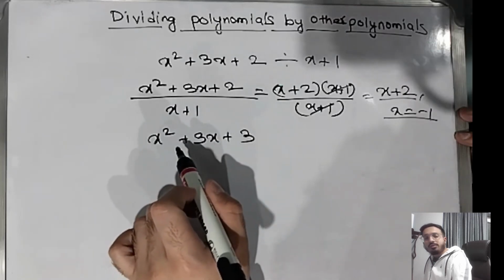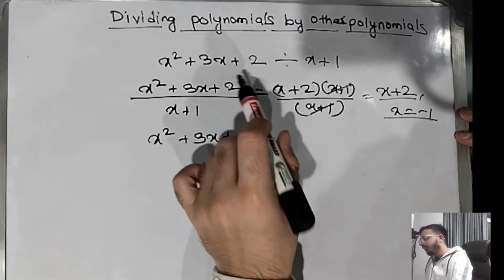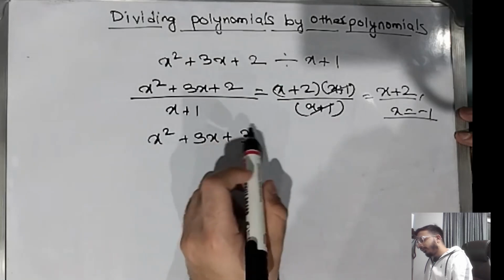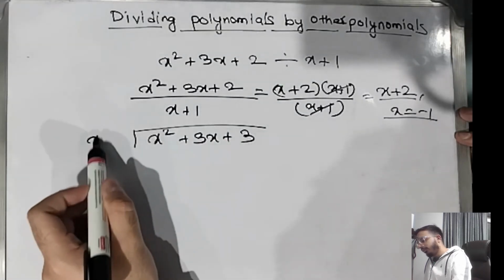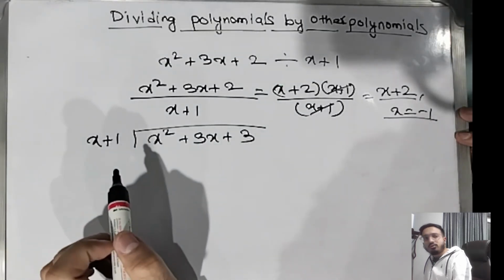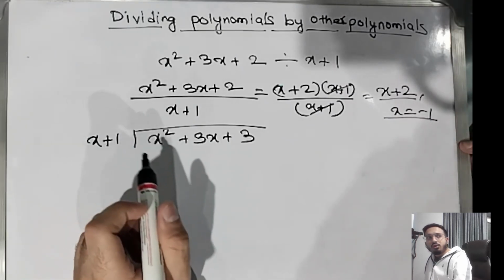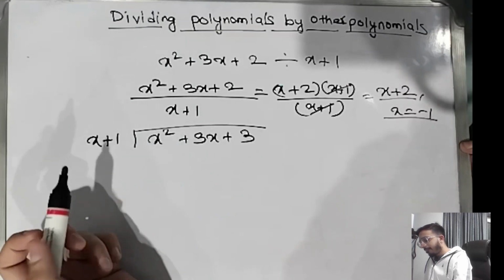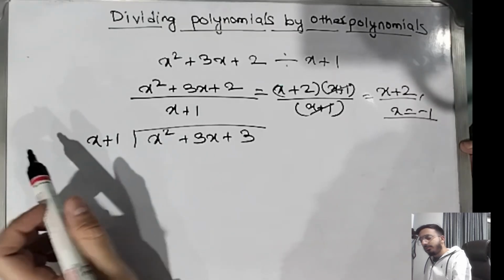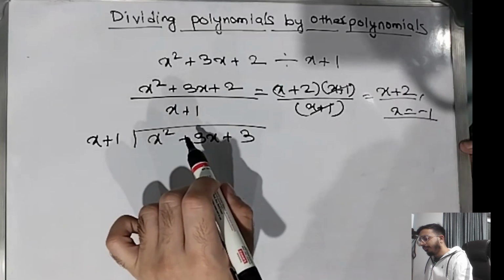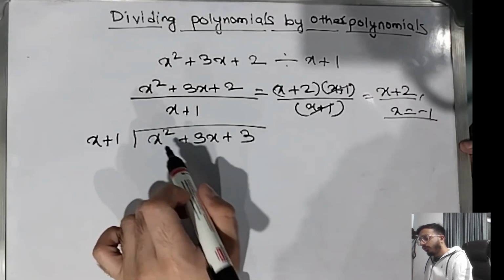Now this will not be so easily factored out as the above term. And if I ask you to divide this by x plus 1, there must be another way to perform this division, right? Yeah, there is. The long division method. The way we used to perform long division for numbers, it is almost the same for polynomials as well.